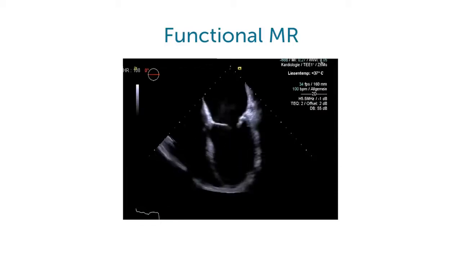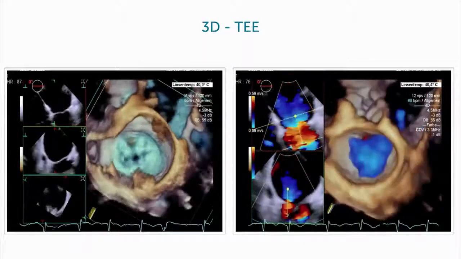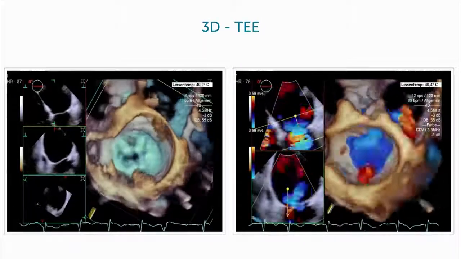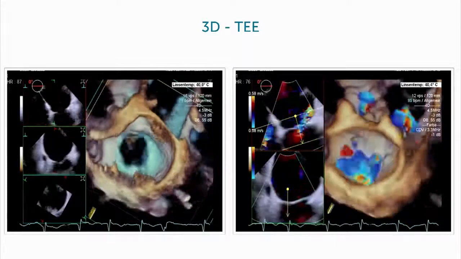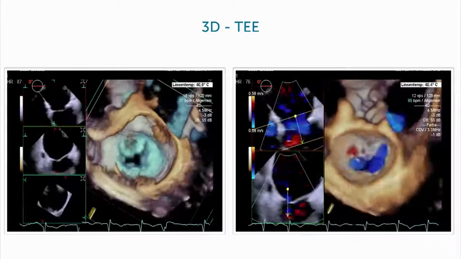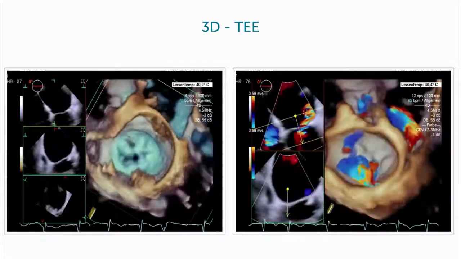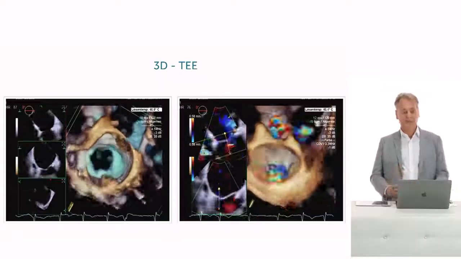To jump right into the topic of transesophageal echocardiography, here is a representative image of a TEE study that we performed, and here is a 3D representation of a pathology where we have a coaptation defect, in other words, a functional form of mitral regurgitation, just to demonstrate how nicely we can differentiate the different forms of mitral regurgitation, primary versus secondary.